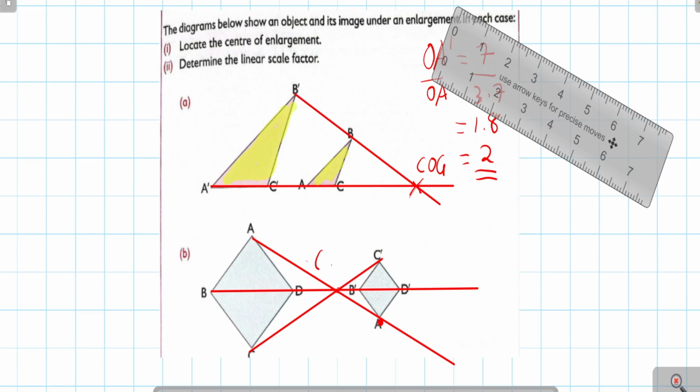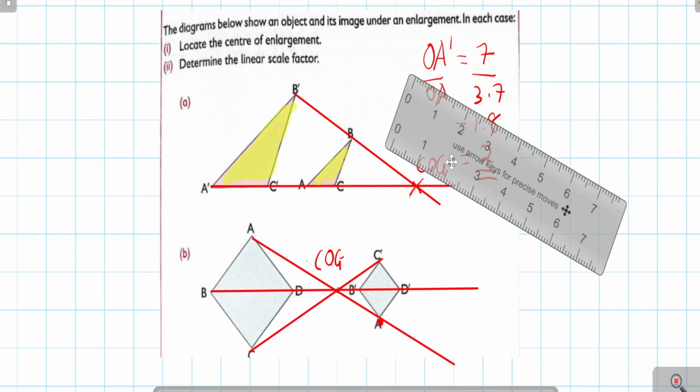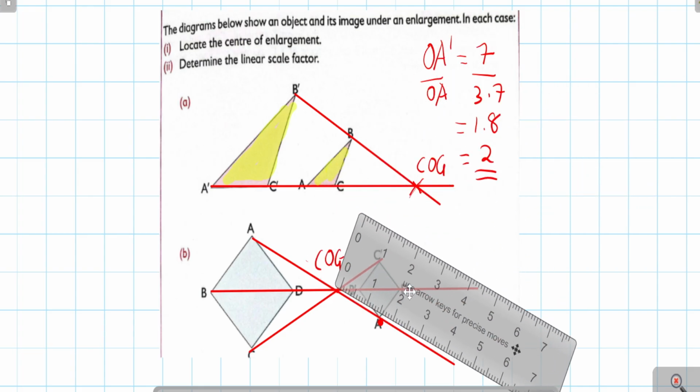So I think people have understood to that point. Now, let's find the linear scale factor. Just like we said, the linear scale factor is from the center of enlargement to the image. So let's take the center of enlargement to A prime, ni ngapi?